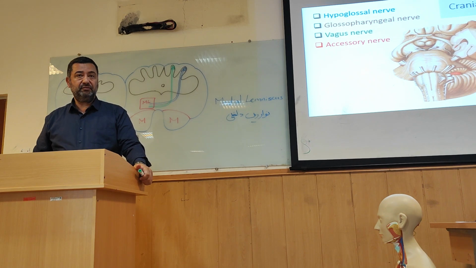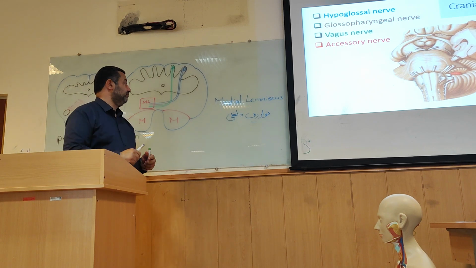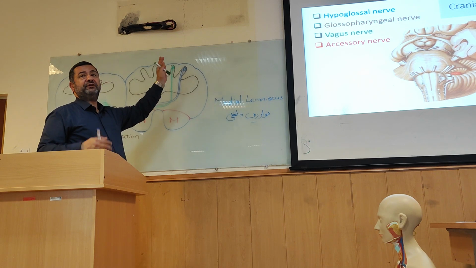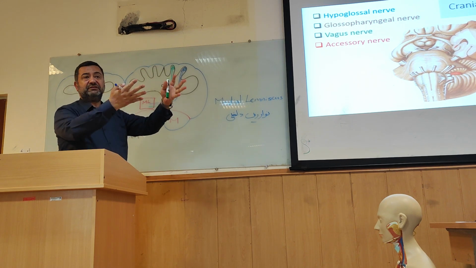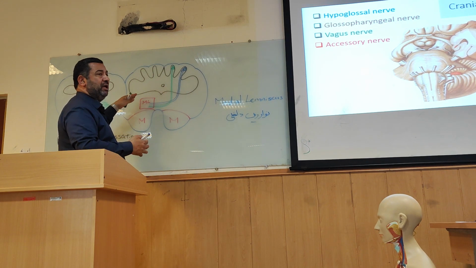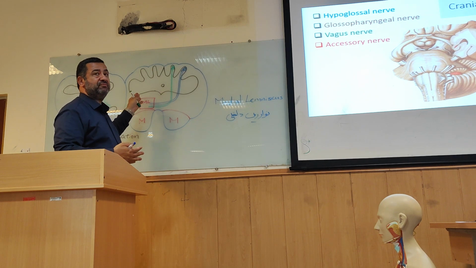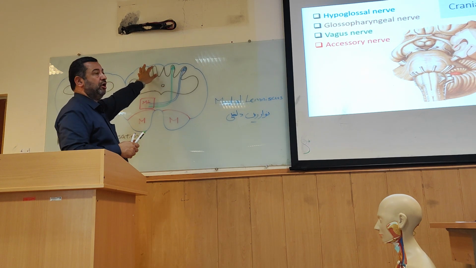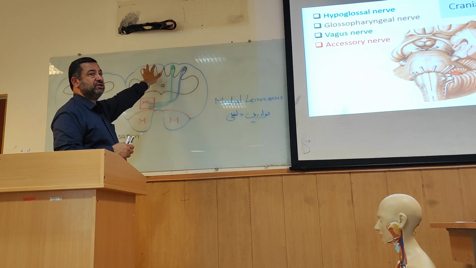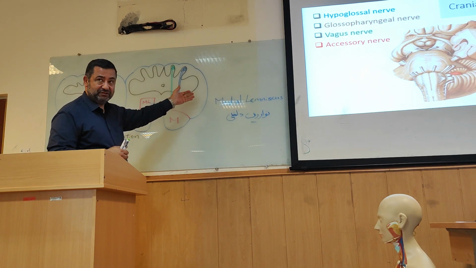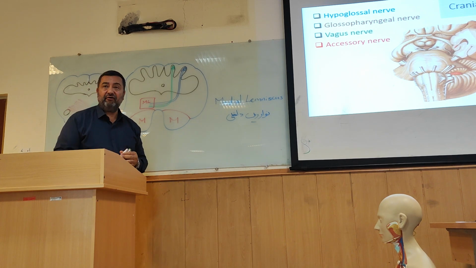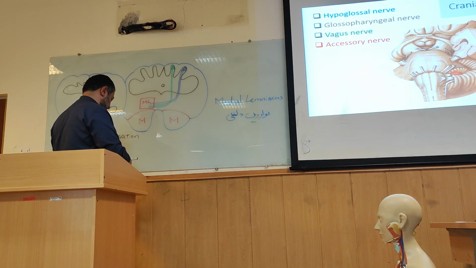Okay? Internal arcuate fibers of the left side go to the right side and make medial lemniscus on the right side. Internal arcuate fibers from the right side go to the left side. And here is the decussation of medial lemnisci.